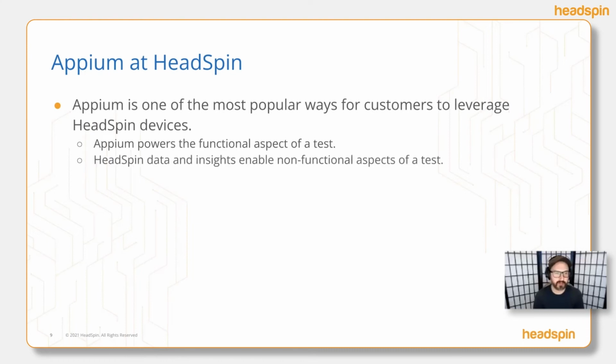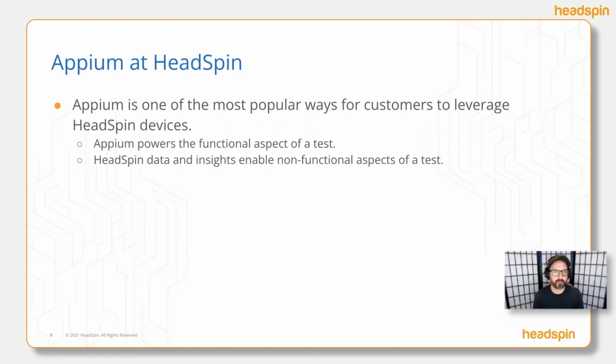But on top of that, just by running the test on HeadSpin, they get access to all the data and insights that HeadSpin automatically generates that we might call the non-functional aspects of a test, things like performance metrics, or the video mean opinion score stuff, or network latency, all of these dozens of metrics that HeadSpin collects and rolls up into insights and alerts and stuff like that.